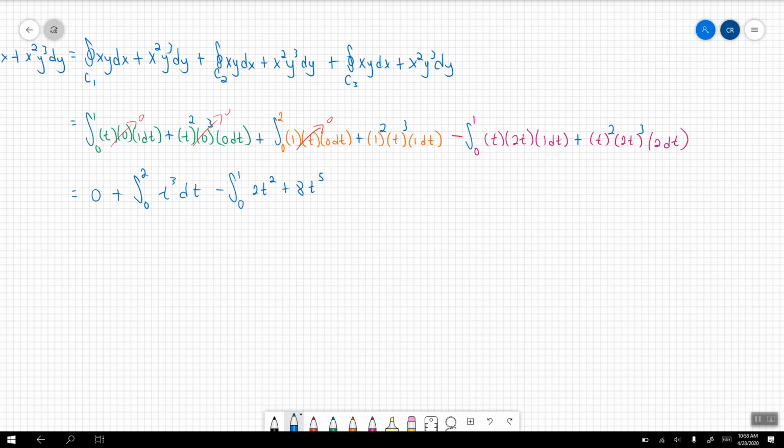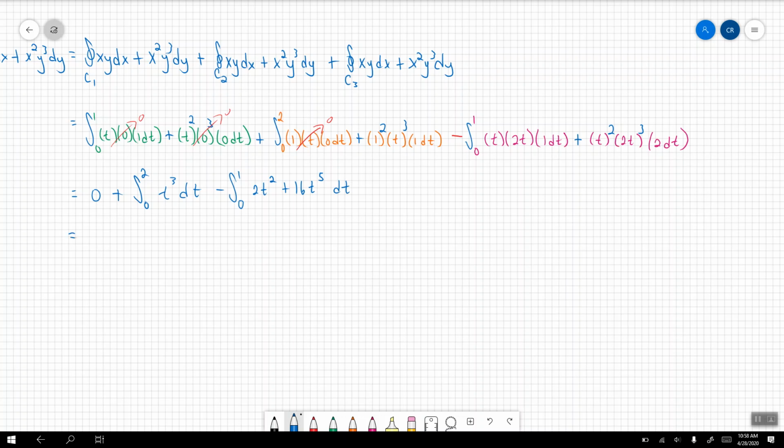Making sure, oh, there was an extra 2 that I forgot to account for. 2 cubed is 8, times another 2, that's 16. So 16 t to the 5th, and that looks good, and this is all dt. It's looking good, it's not too bad.